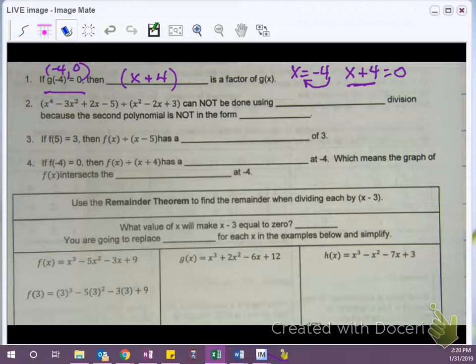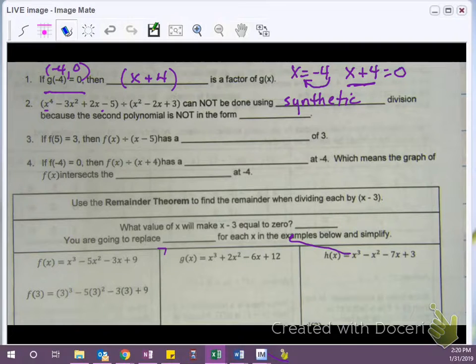So now this next sentence isn't worded the way I would like. So I'm going to fill in the blank the way it goes, but then I'm going to tell you what to write beside it. If we want to divide this fourth degree function by this second degree function, this cannot be done using synthetic division. Now, you don't even know what synthetic division is yet.